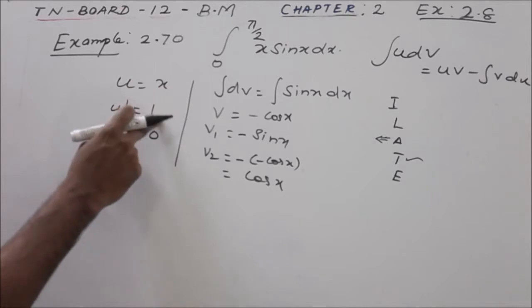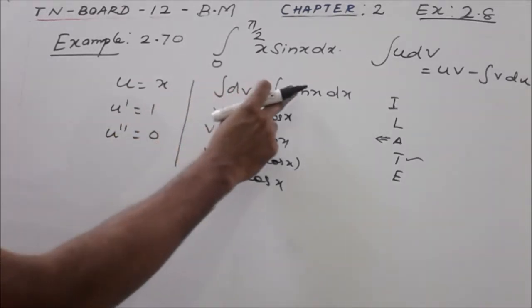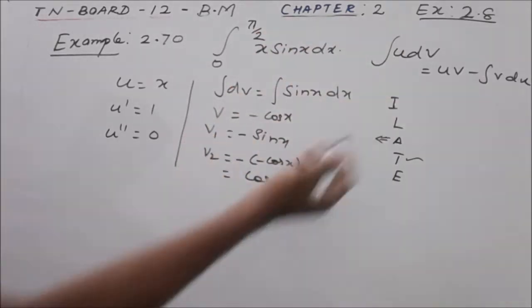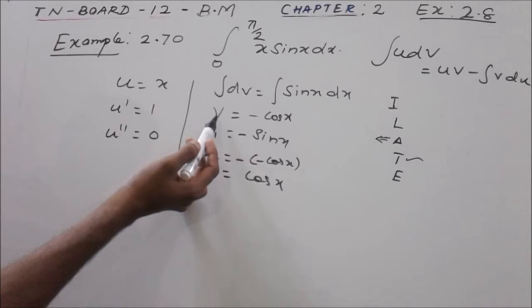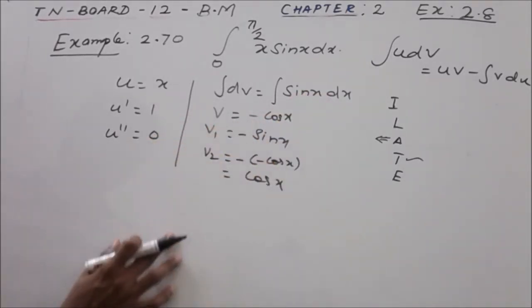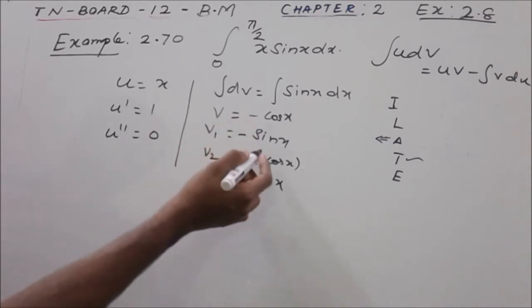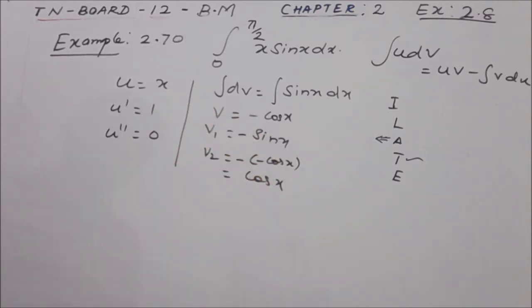And then u dash is 1, u double dash is equal to 0. Integral dv equals integral sin x dx. From integral dv we can find v by integrating sin x, giving minus cos x. V1 is minus sin x. V2 is again integrating this minus sin x, we get minus of minus cos x, which is plus cos x.